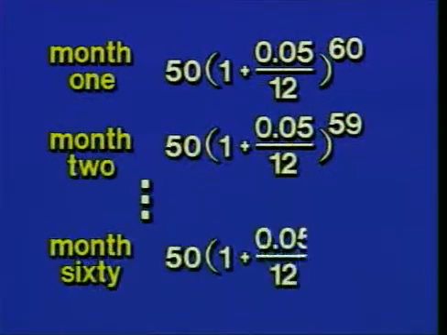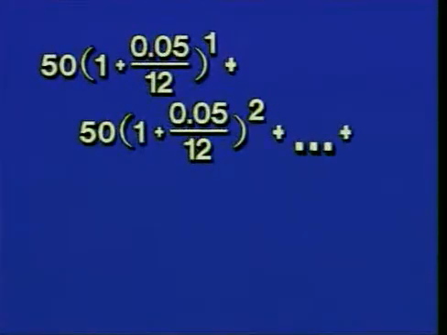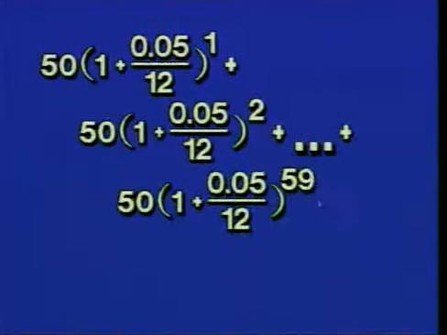On the other hand, our investment in month 2 is earning interest for only 59 months. And then the next one would be 58, and so on down to month 60, in which our investment of $50 is earning interest for only 1 month. Well, notice we have an interesting sequence here. And our counting mechanism can be thought of like this.